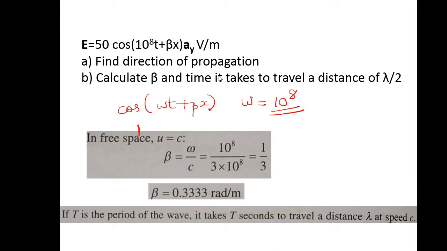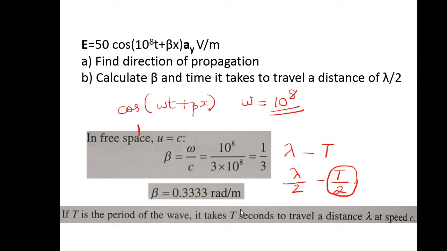Next, you have to calculate the time it takes to travel a distance of lambda by 2. Here you have to learn one thing. The distance lambda corresponds to T, so for lambda by 2 distance, the time taken will be T by 2.